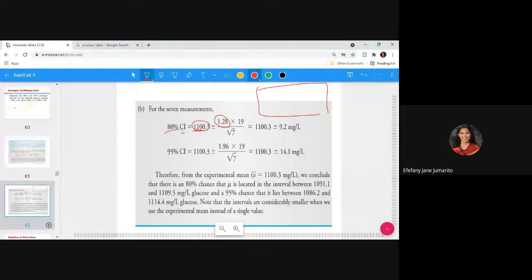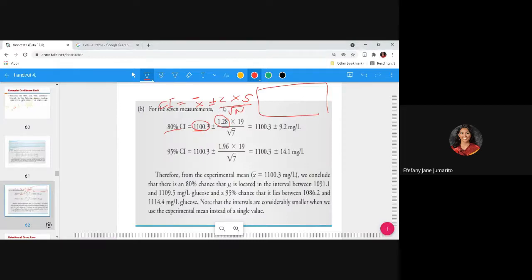So for 80%, we have the value of our z there is 1.28. Okay, so x prime plus and minus z times this one is your standard deviation over square root of n. Okay, so that's the formula. This is your formula. CI is equal to that one.